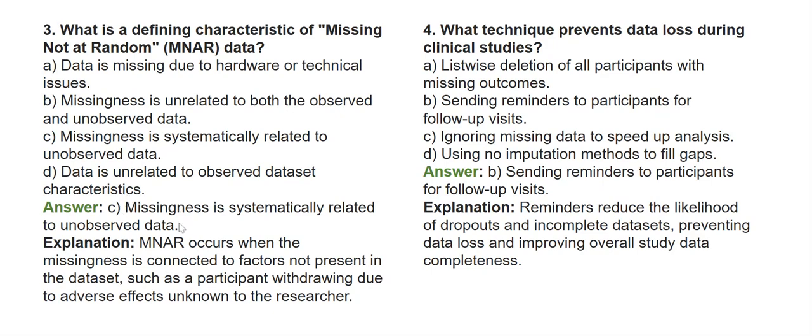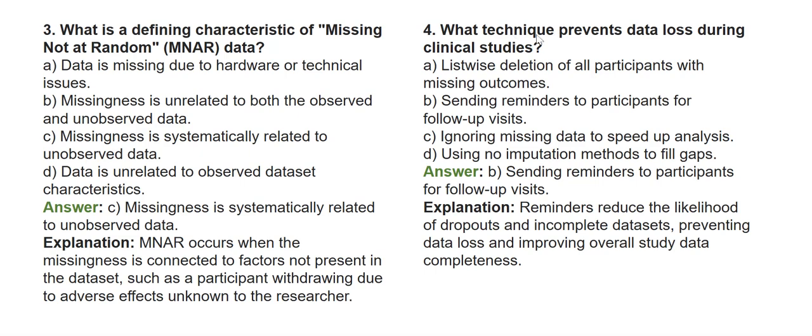So it is C, missingness is systematically related to unobserved data, as MNAR occurs when the missingness is connected to factors not present in datasets, such as a participant withdrawing due to adverse effects unknown to the researcher.